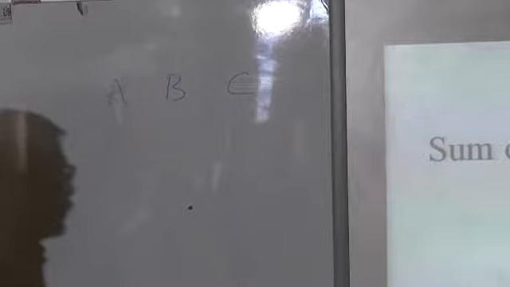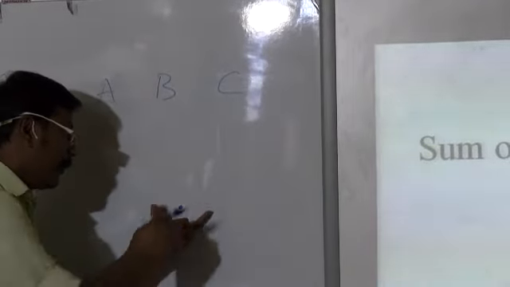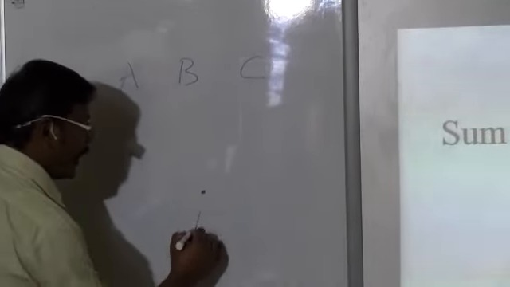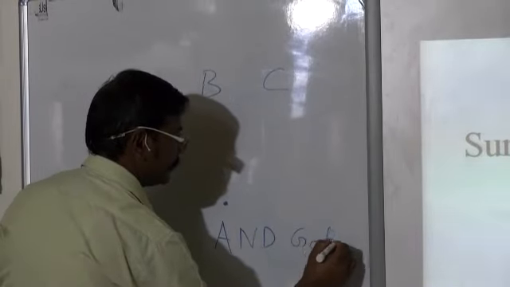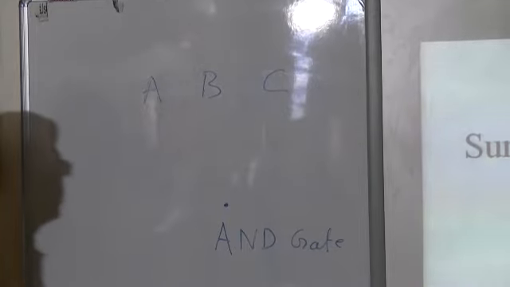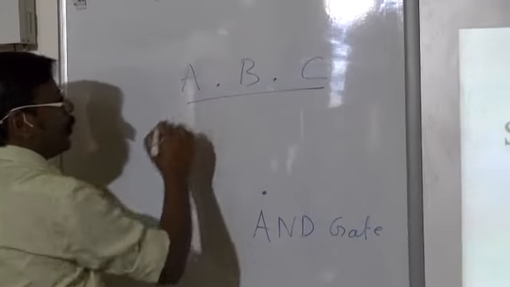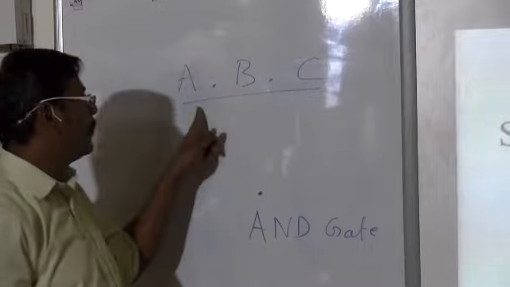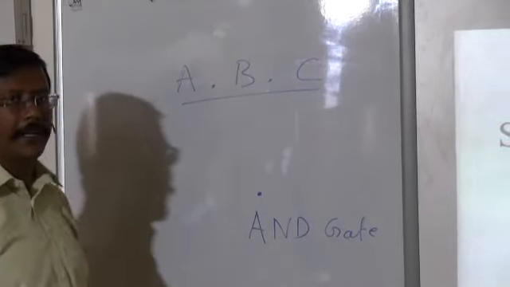Dot means multiplication or product. If we take this to Boolean algebra, dot refers to the AND gate. That means if we have A dot B dot C, this becomes the product of A, B, and C. That is, we are using the AND gate between A, B, and C.